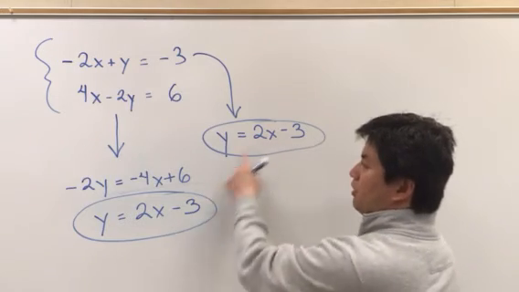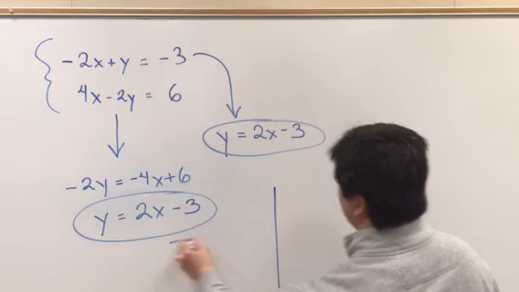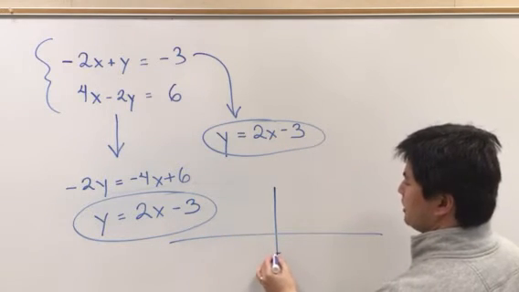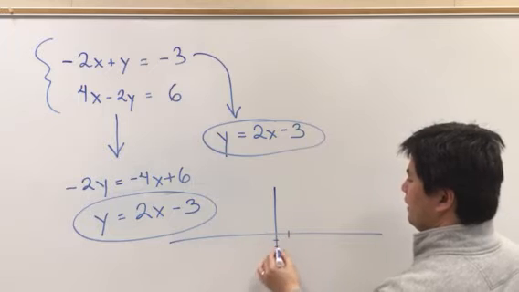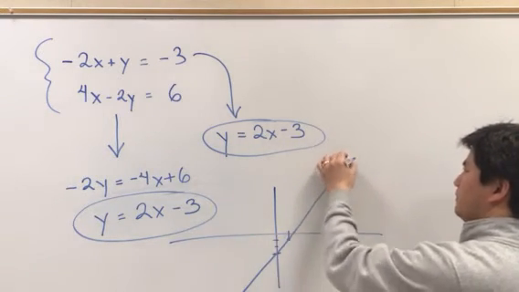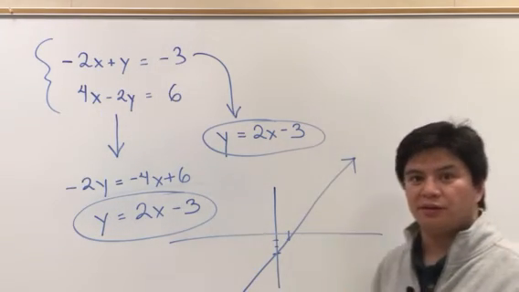Well, if they're both the same line, if I were to graph 2x minus 3 with a y-intercept of negative 3 and a slope of 2, I would have one line right on top of the other.